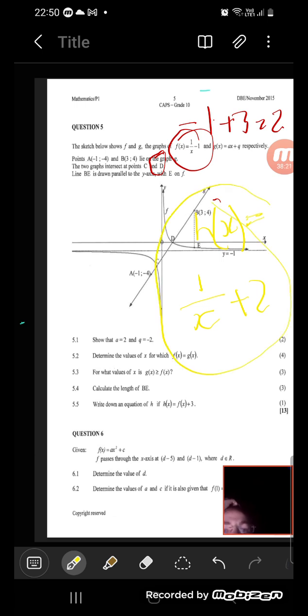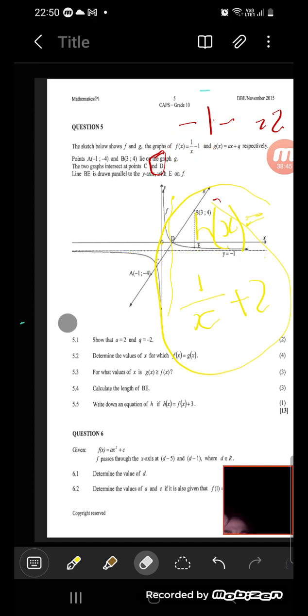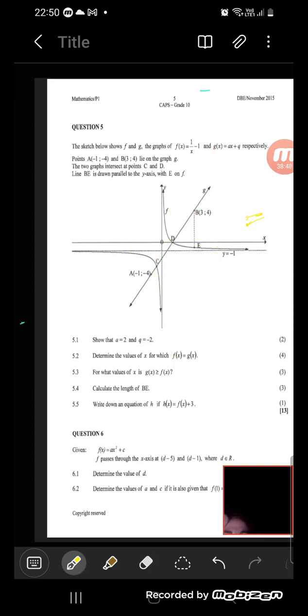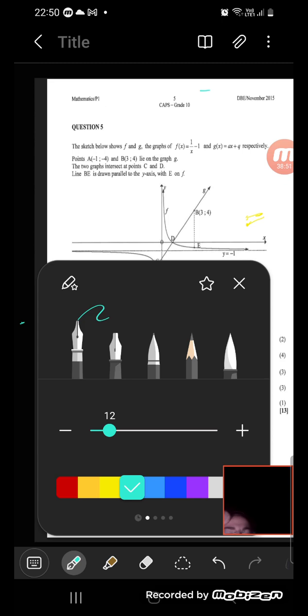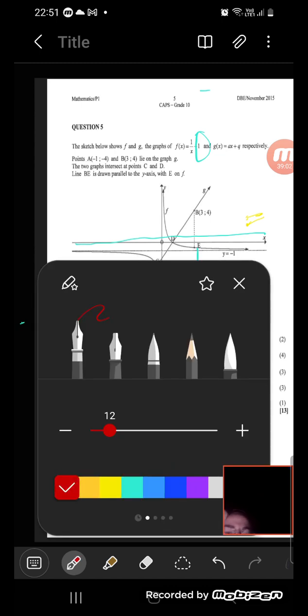Just add 2. They added minus 1 to the original. Now we're adding 3 to there, which takes us up by 3 to plus 2. The asymptote used to be at 0. They took it down by 1 here, so the asymptote now becomes minus 1.